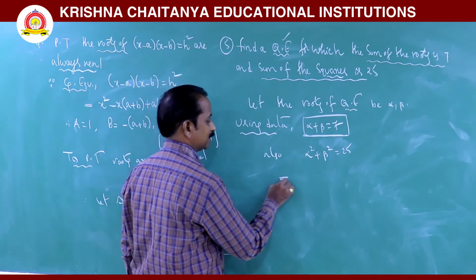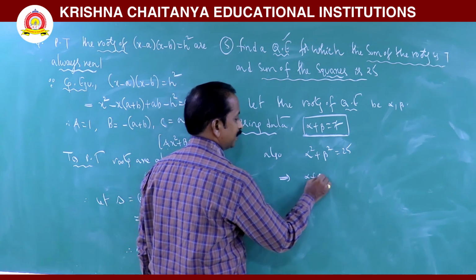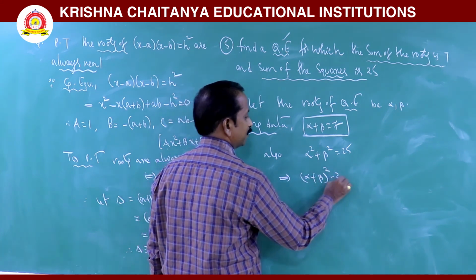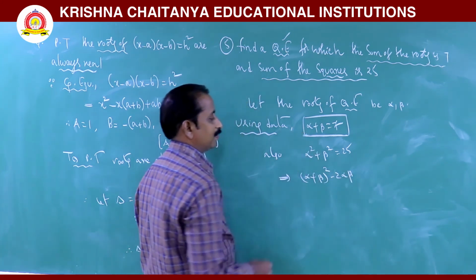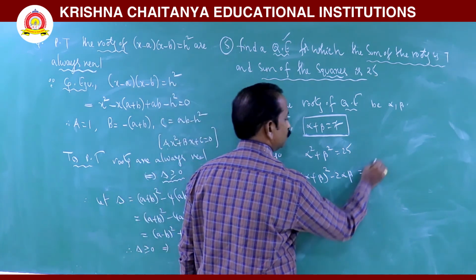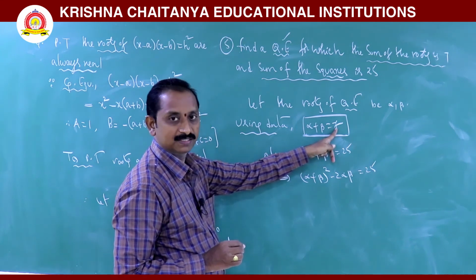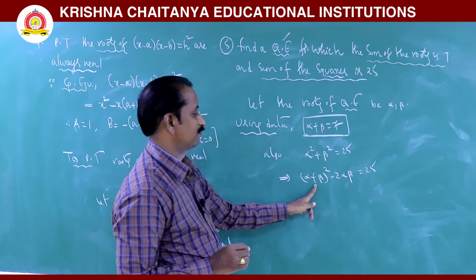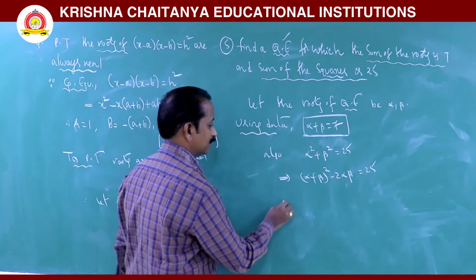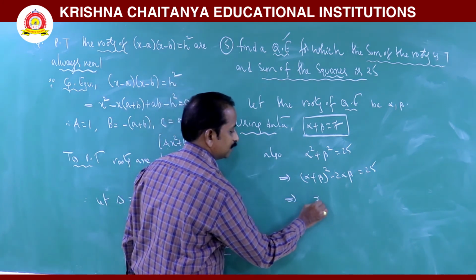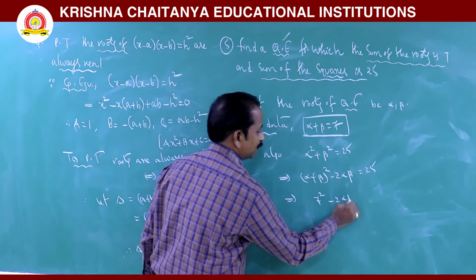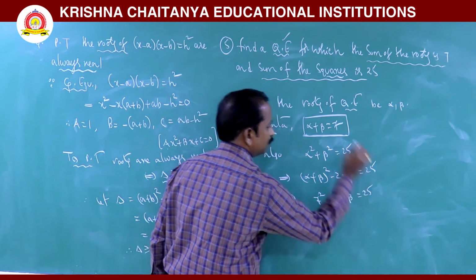Now just observe, it is in the form alpha square plus beta square. But alpha square plus beta square can be written as alpha plus beta whole square minus 2 alpha beta is equal to 25. But the alpha plus beta value is nothing but 7. Replace alpha plus beta with 7 in this equation. So it becomes 7 square minus 2 into alpha beta is equal to 25.